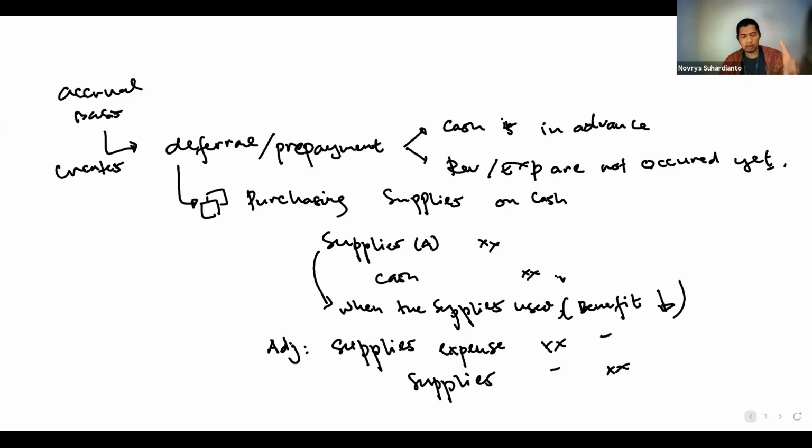So you record the supplies as an asset. However, at the end of the period, you have to adjust the supplies balance due to the usage of the supplies. In other words, when you use the supplies for your business, then you have to record supplies expense.